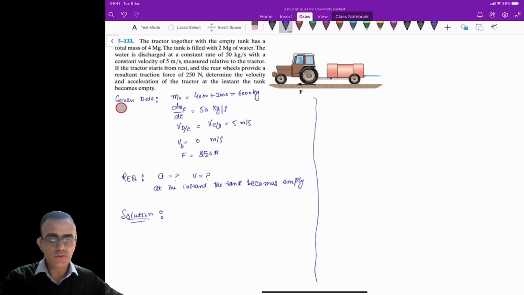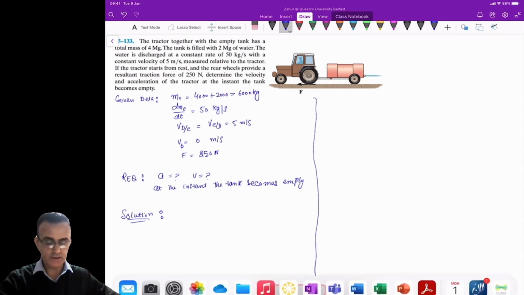So we need to solve this problem here. We need to calculate a and v at the instant when the tank becomes empty. So there is 2,000 kilogram of water in this tank here.